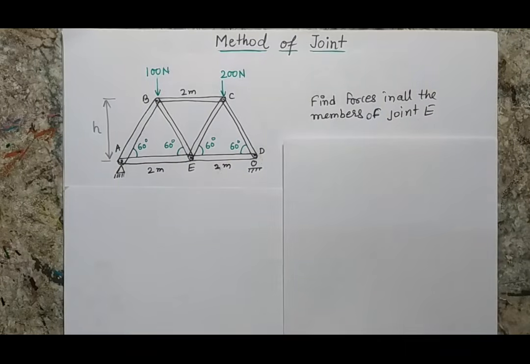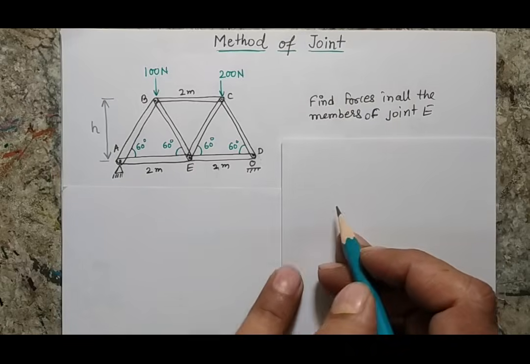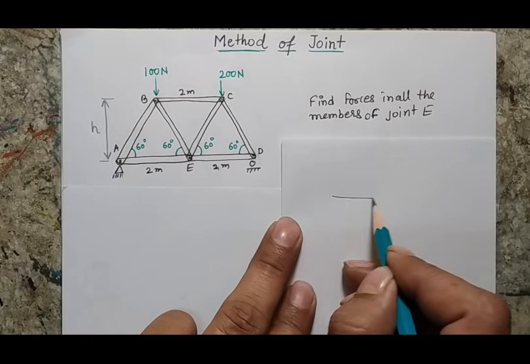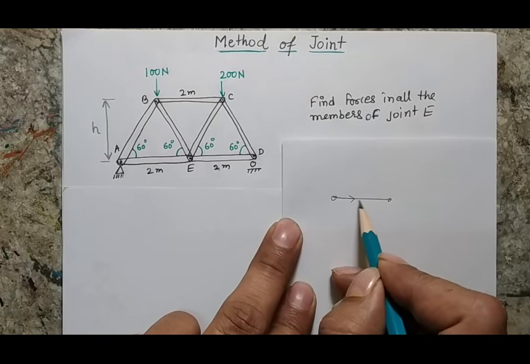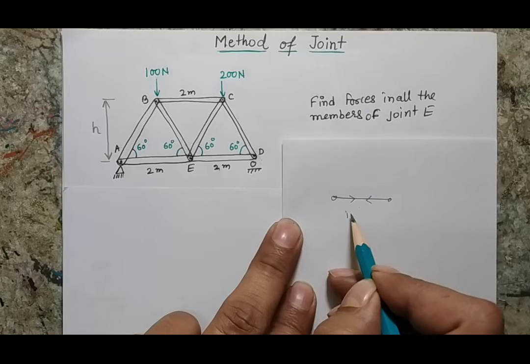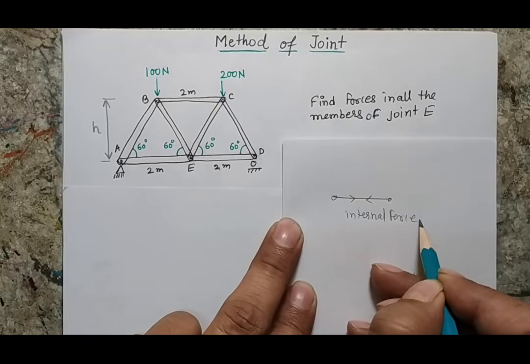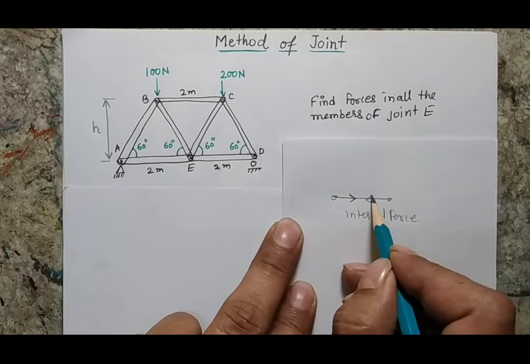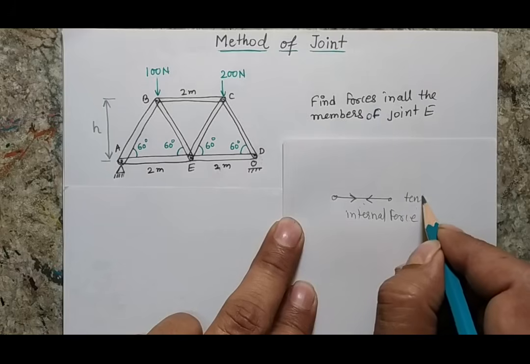Before I start, let me tell you two important things which we are going to follow throughout the solving of the problem. When we represent the force in a member, suppose this is a member of your truss, and I am showing the force in this way, that means this is the internal force of the member, and if the internal force arrows are shown in this way, the forces are of tensile nature.